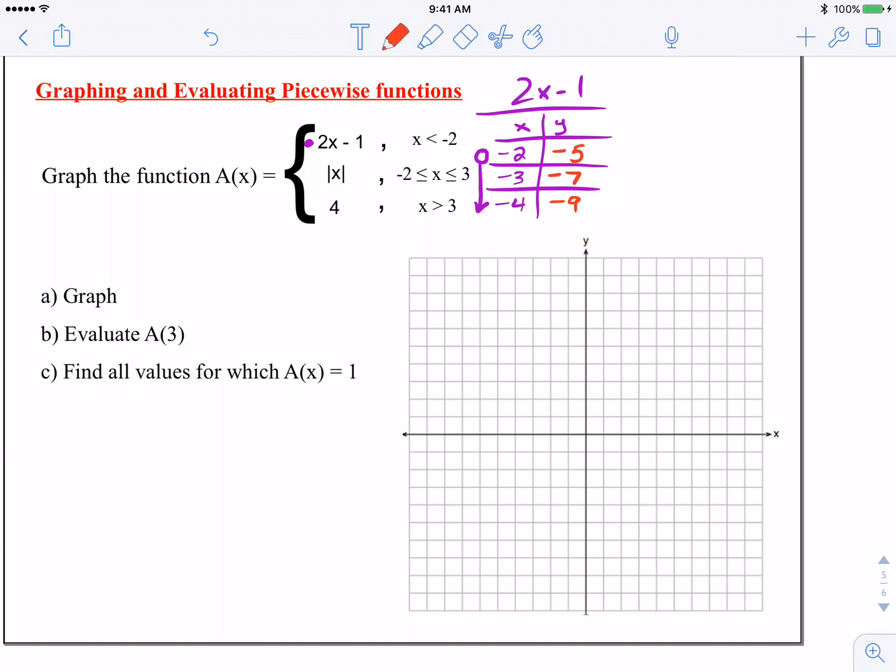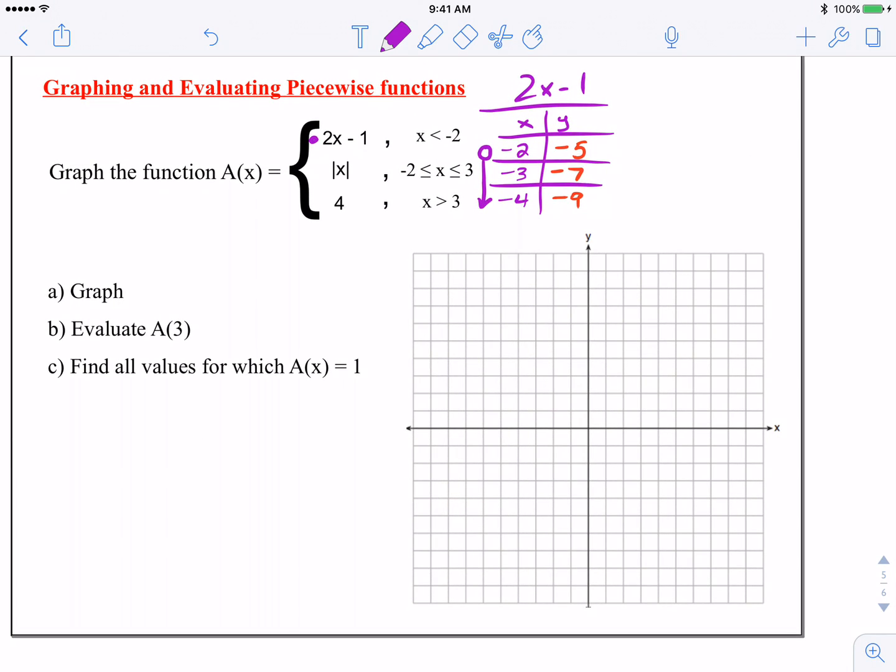Okay, so now I'm going to actually graph this one. You could do all your tables at once, but I'm just going to graph. I'm done with one piece, so let's get it out of the way. So for the first point, I want to be careful not to put a filled-in circle, because then we can't really fix it. I'm going to put an open circle at -2, -5, and that's again because of this right here.